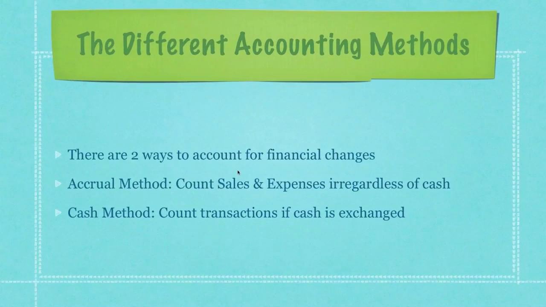Now I'm going to go into the 2 different accounting methods that exist. There is the accrual method, and we've actually been using the accrual method. You count all sales and expenses irregardless of whether cash exchanged hands. So if you made a purchase on credit, that was counted as a purchase, even though cash was unaffected by that.